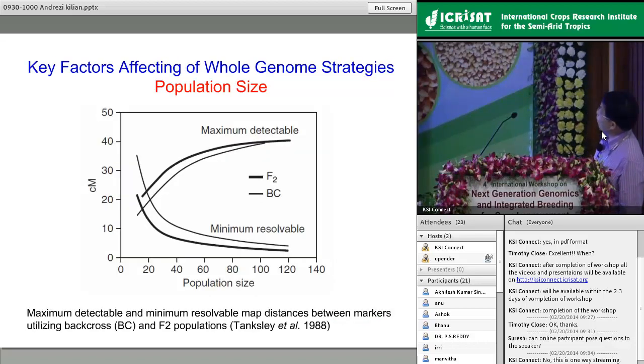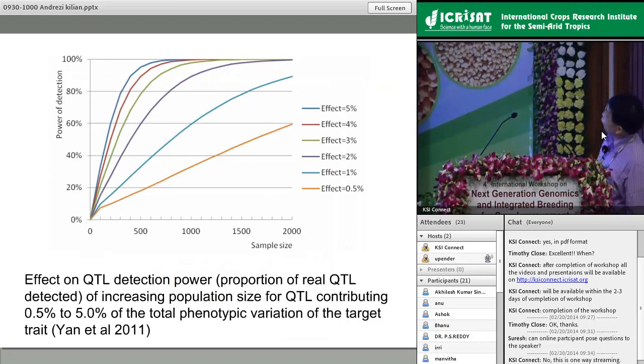And also you see the population size will affect the maximum detectable distance and the minimum resolution you can get. That's the very small population size.